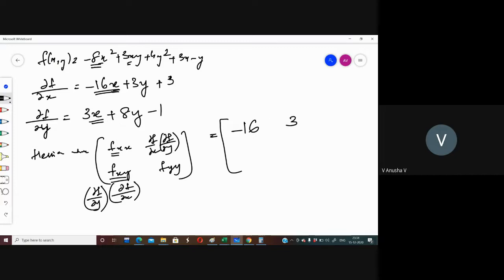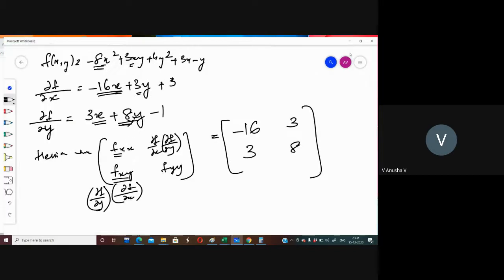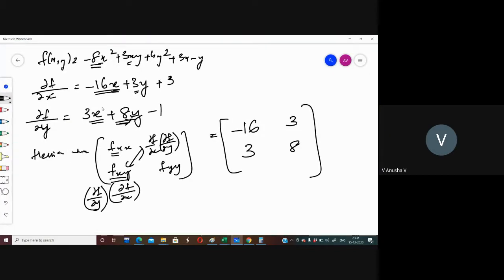Okay, next I have x here, I am differentiating with respect to y, so it will be 3. And later I have y, I am differentiating this with respect to y, so here it will be 8. So this is your Hessian matrix: minus 16, 3, 3 and 8. Let's see whether that's a solution. Yes, minus 16, 3, 3 and 8. Okay, these two values will be the same, and these two values will always differ. Okay, that is what you have to remember.